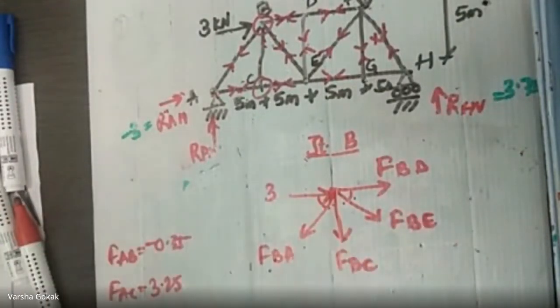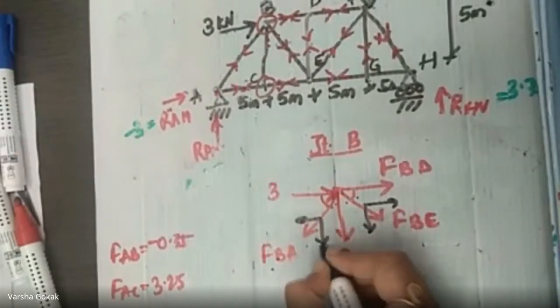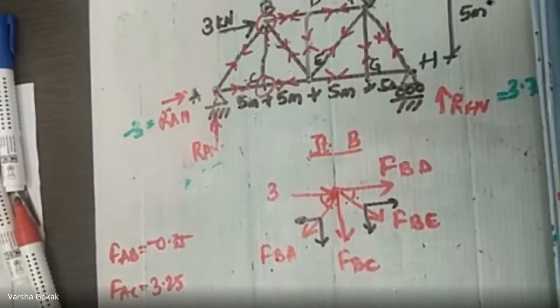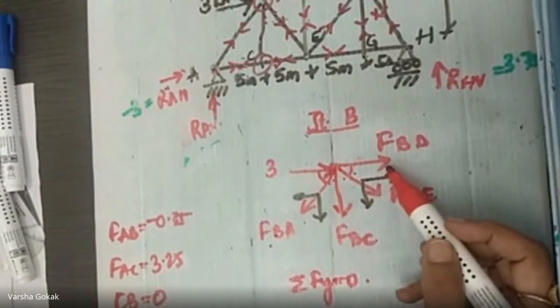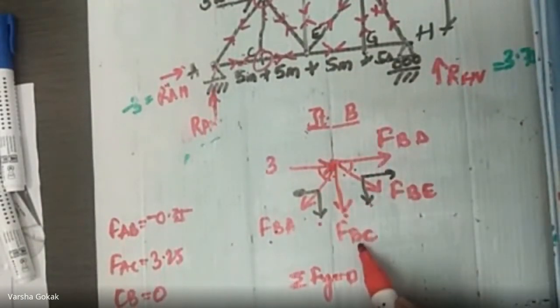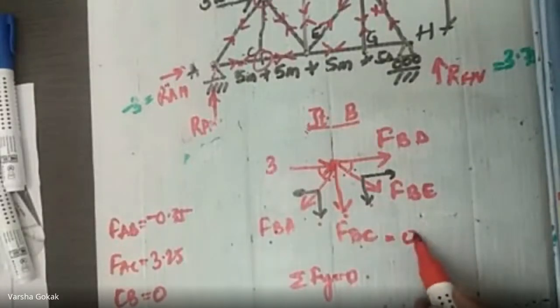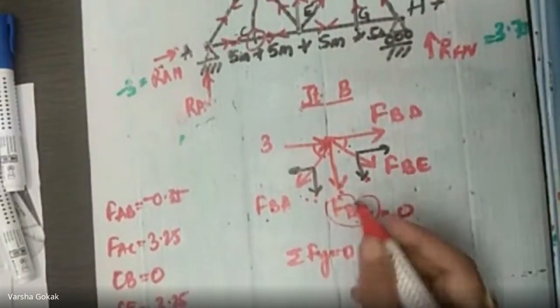I have to resolve now first. So this is my resolution. Draw the resolved forces and then take summation Fy equal to 0. When I take Fy equal to 0, how many forces do I have in y? 1, 2 and 3. CB value we have got 0. So this is a zero member force. So I've got only these two, this is 0, but write all three.